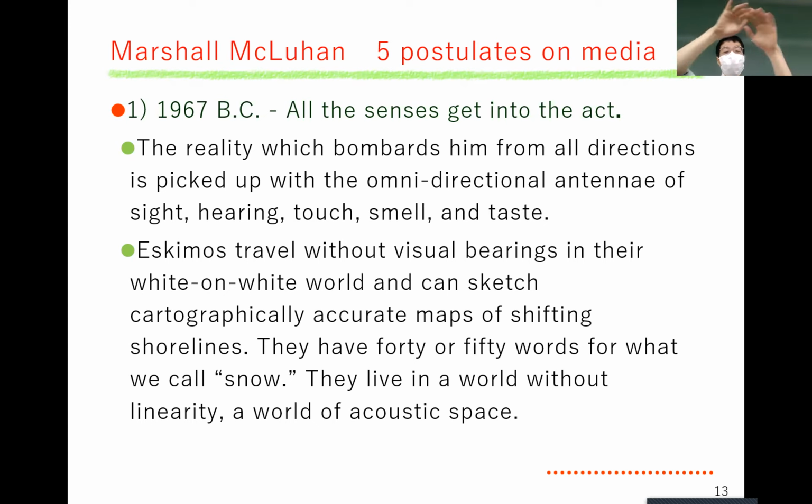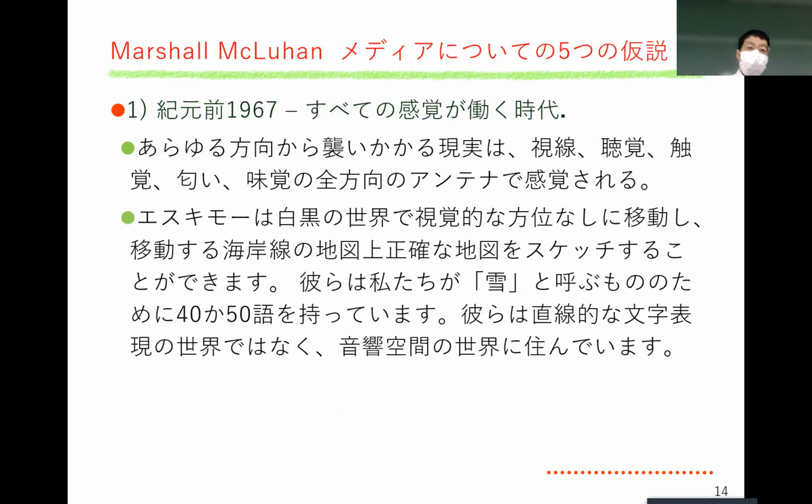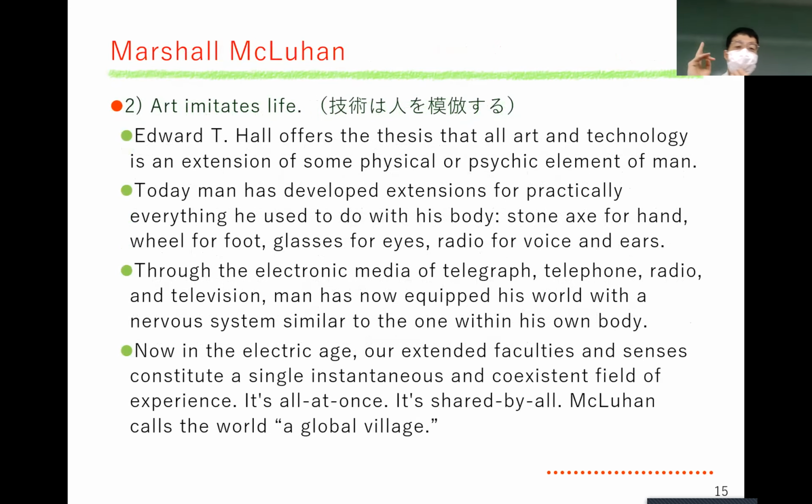But they can distinguish snows, so for them, snow itself comes to be landmarks. So they can make very accurate maps. This is the first postulate ですね。はい。Second ですね。The next ですね。Art imitates life.